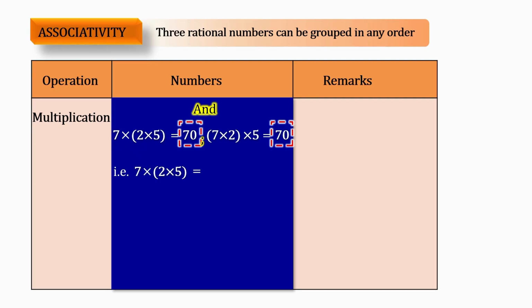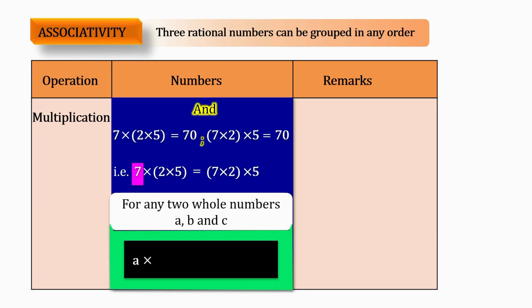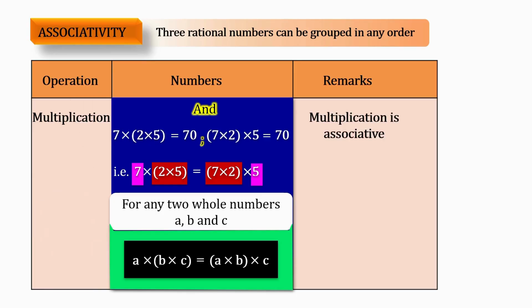That is 7 multiplied by (2 multiplied by 5) is equal to (7 multiplied by 2) multiplied by 5. That is for any three whole numbers a, b and c, a multiplied by (b into c) is equal to (a into b) into c. So what do you observe? Multiplication is associative.